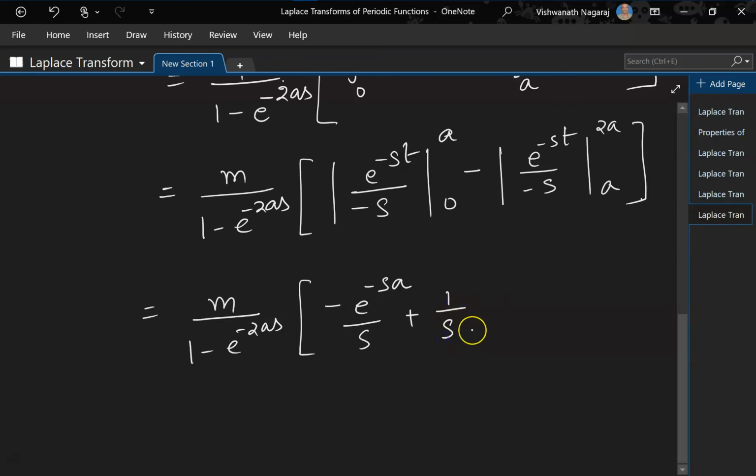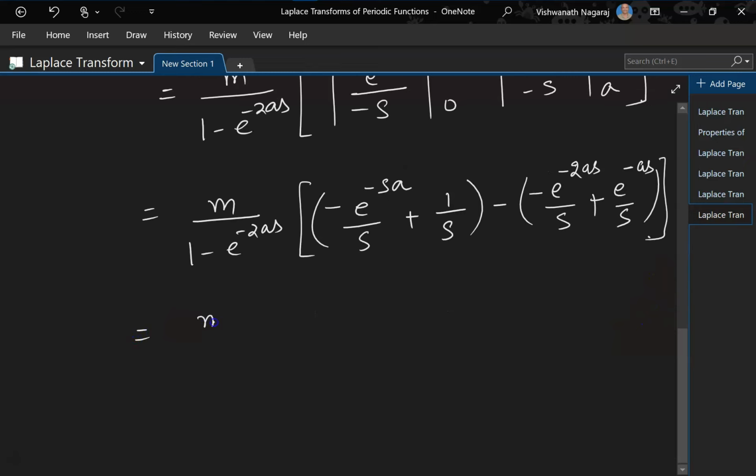1 by s. Now, again here we have to substitute 2a. So minus e to the power of minus 2as by s, minus times minus becomes plus. Now let's substitute a, so e to the power of minus as by s.